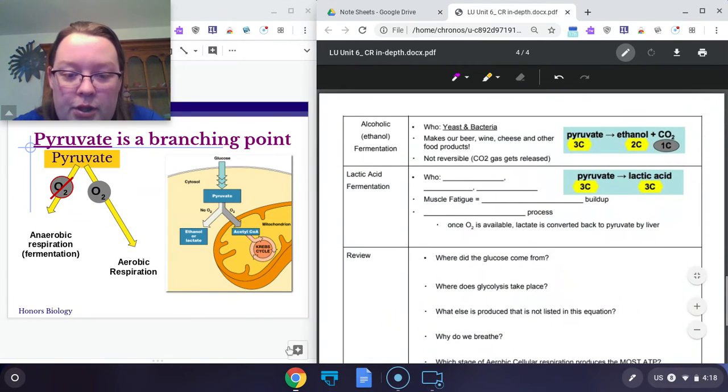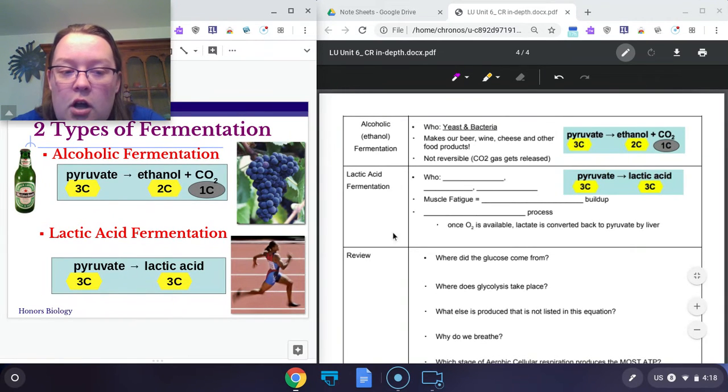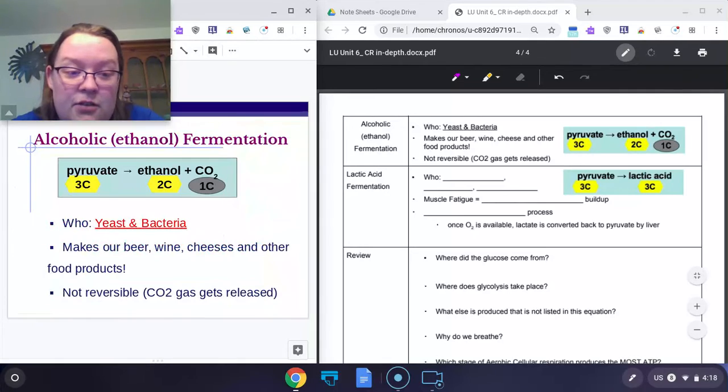So we're going to start with alcoholic fermentation. So alcoholic fermentation is typically done by yeast and bacteria. This process is going to be what makes beer, wine, cheese, and lots of other foods. And this process is non-reversible, so you can't go back. Versus lactic acid fermentation.